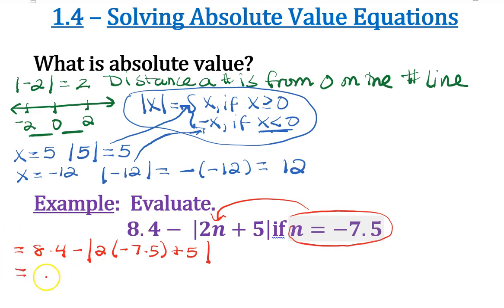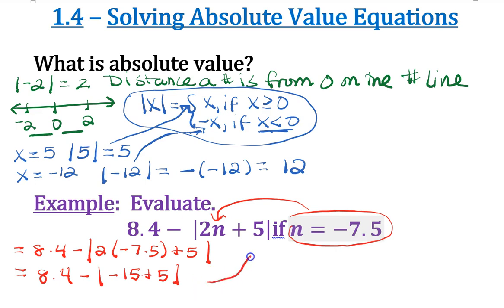When we evaluate, we're going to follow the order of operations. So we're going to work inside the absolute value sign first. It's kind of like though we treat those like parentheses. So this becomes 8.4 minus the absolute value of -15 plus 5 after multiplying there.